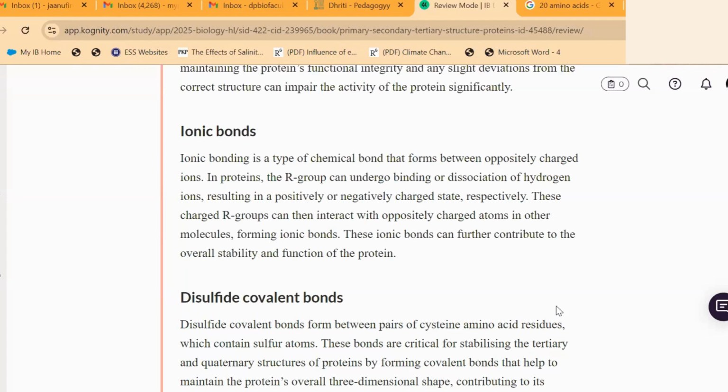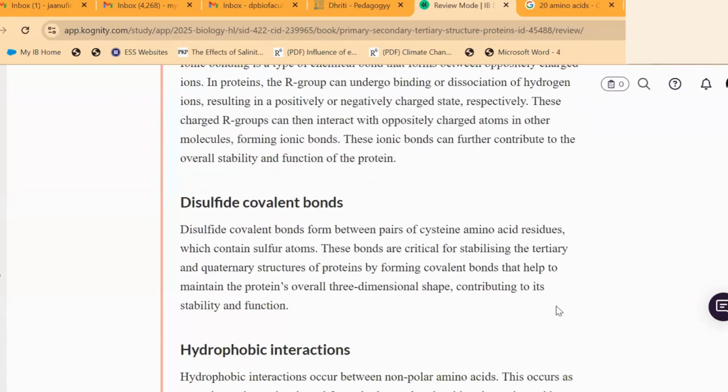Disulfide bonds: we know that sulfur-containing amino acids are present, that is cysteine. When both sulfurs come together, we call that a disulfide covalent bond, and it also plays a very important role in maintaining the 3D structure of the protein molecule.